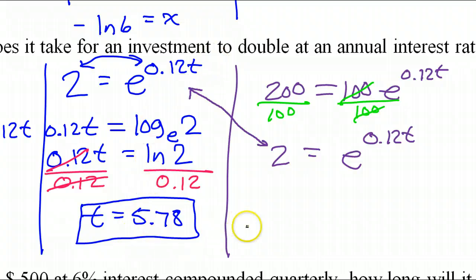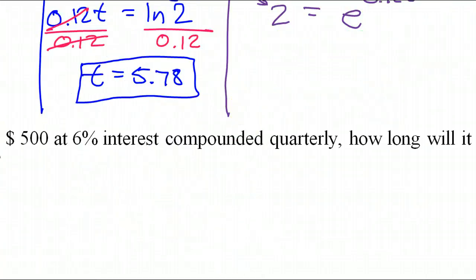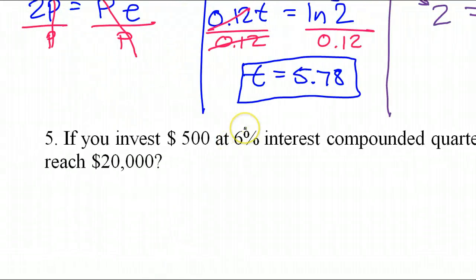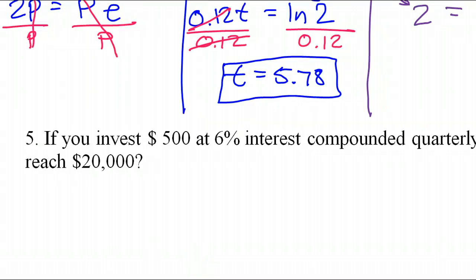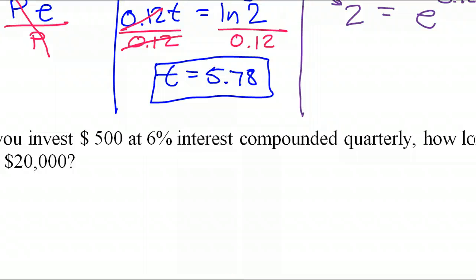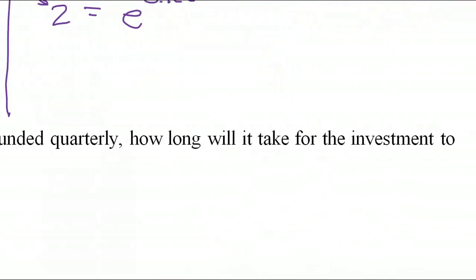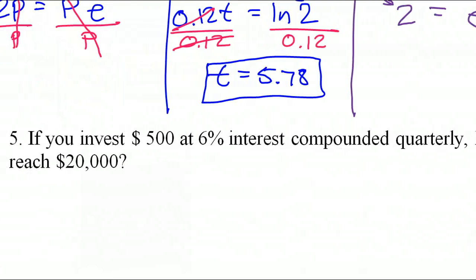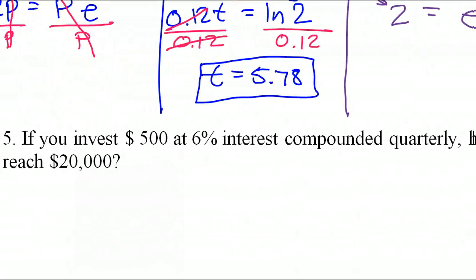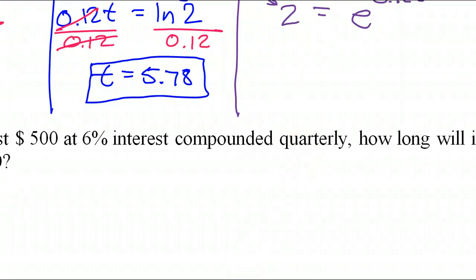All right. I think there's only one more problem. This was the shortest quiz I've ever given you guys. You invest $500 at 6% interest compounded quarterly. How long will it take for the investment to reach $20,000? Compounded quarterly.